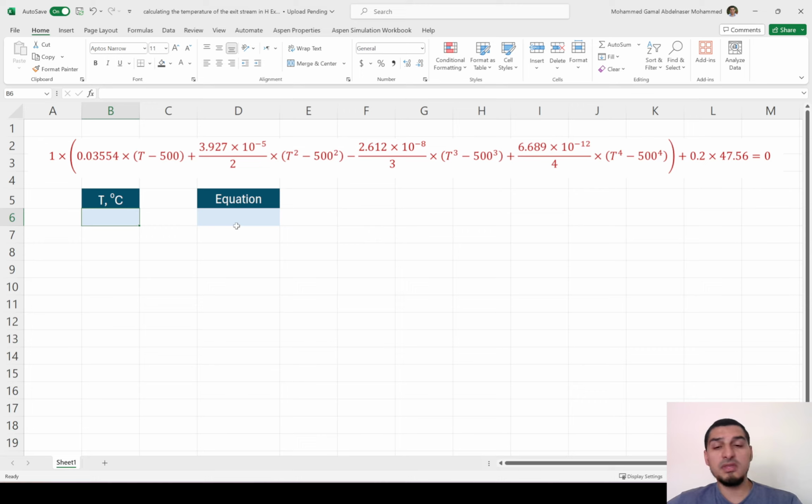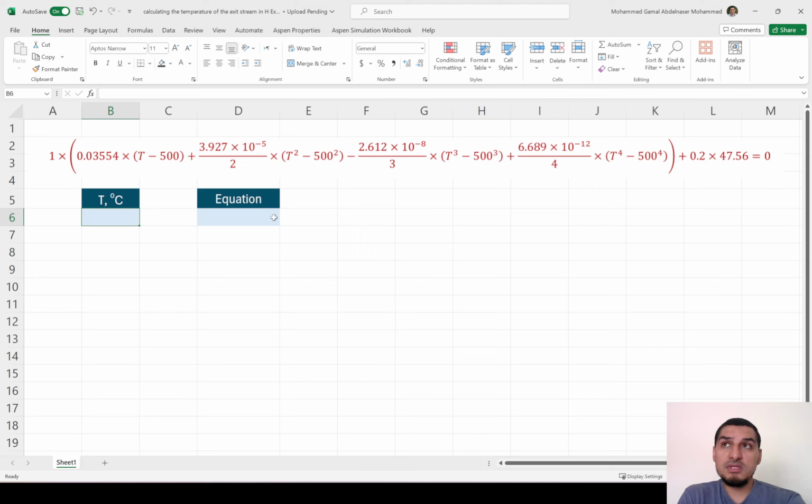So we'll assume a value and then change the value until the equation is satisfied. Satisfied means that the left hand side of the equation is equal to 0, which is the right hand side of the equation. So we will have an assumption that we will use, and based on this assumption we will start our calculation.